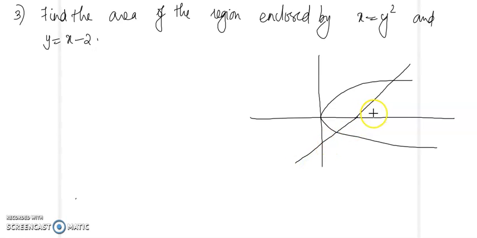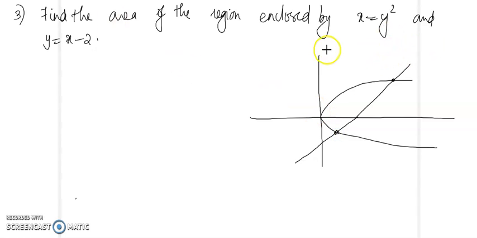At 2, 0 both will be 0, and at 0, minus 2 also, so that will pass through the curve. Now we need to find these two points.